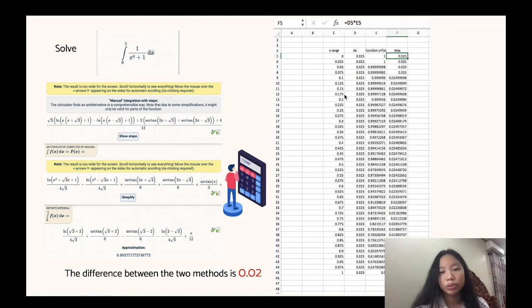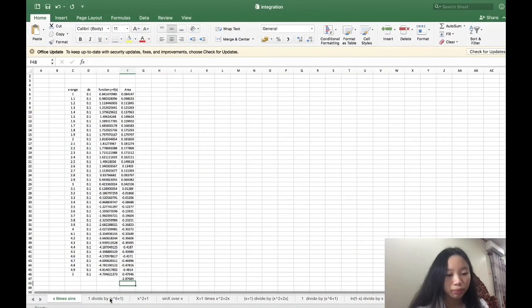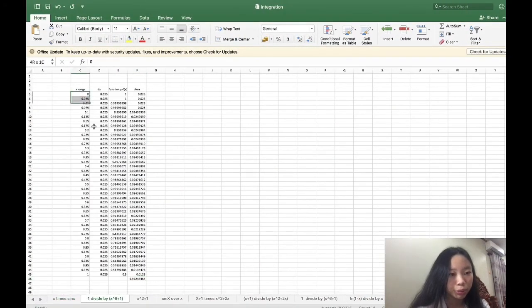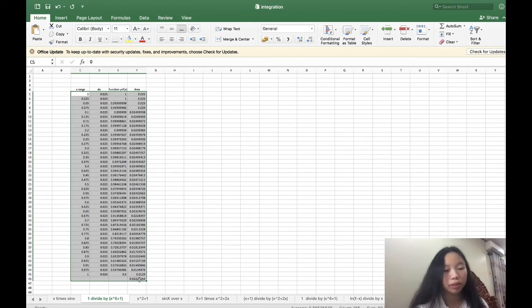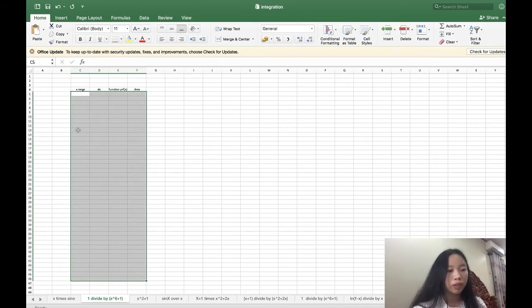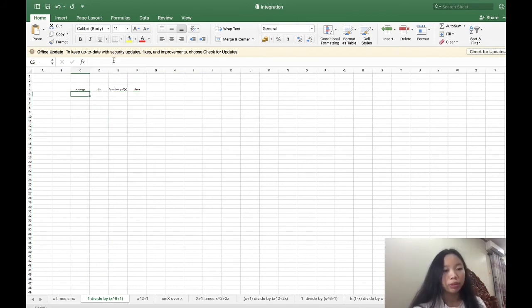But if you use Microsoft Excel, it is this simple. So let's do it. First, there should be only 4 main columns. I have to start this from 0. This time I want to make my dx smaller, so I'm gonna make it 0.025.